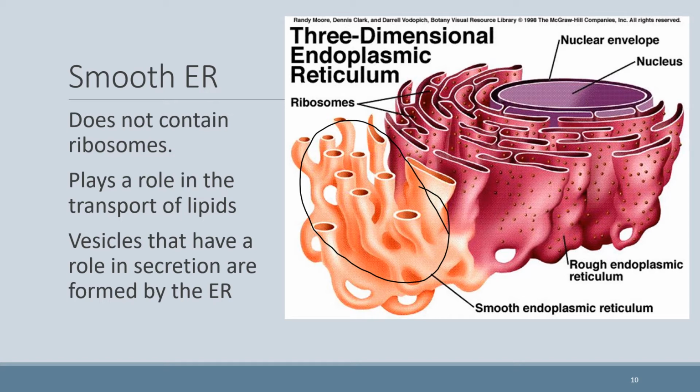We have vesicles that have a role in secretion, and these are formed by the endoplasmic reticulum as well. A vesicle is basically like a little pouch or a little backpack that helps us protect certain items. Lipids, for example, would like to be carried in a vesicle because they don't like to be in water, which is basically what the cytoplasm is.